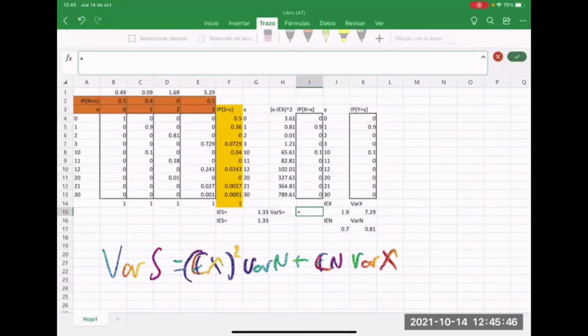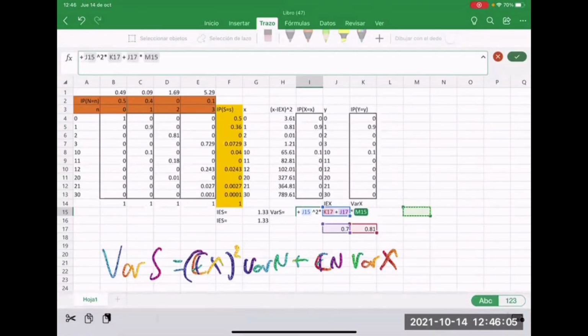What is the variance of S? The expectation of X squared, so this raised to the power of 2, times the variance of N, which is this number here, plus the expectation of N, which is here, times the variance of X.